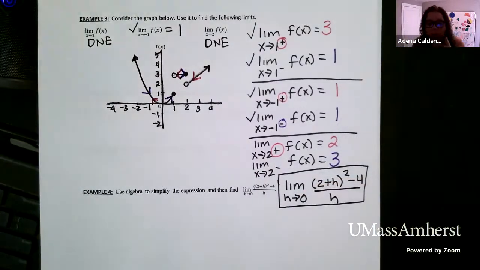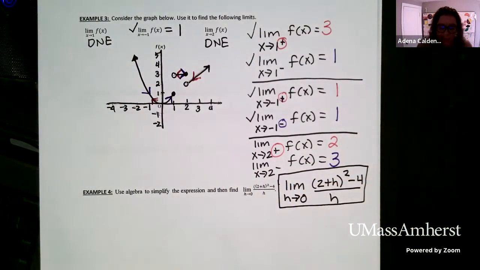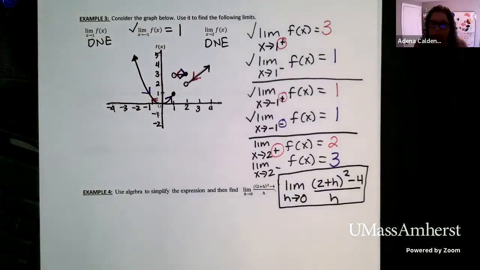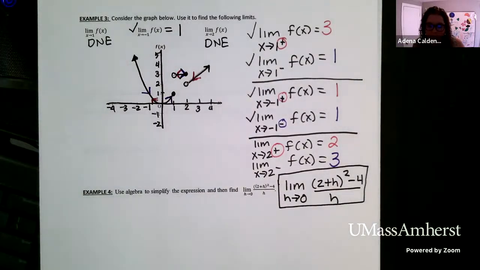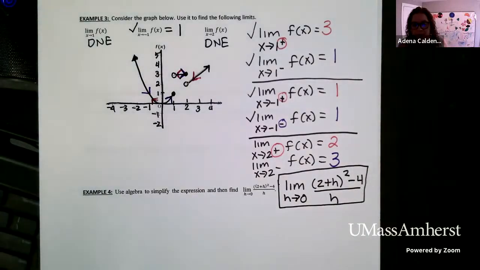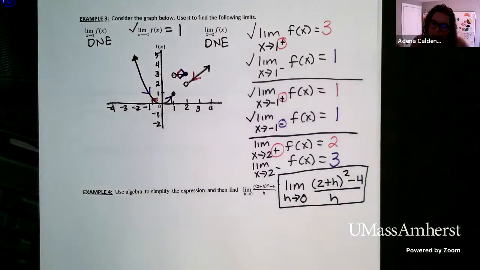Now, a couple things. One, you could do this limit as we did before without simplification. So you would create your table, which we're going to do anyway, and you would have values like 0.1, 0.01, 0.001, right? That's getting closer to 0 from one side, and then -0.1, -0.01, -0.001.